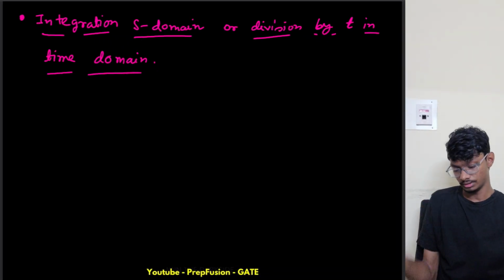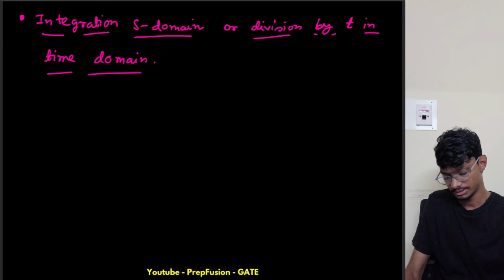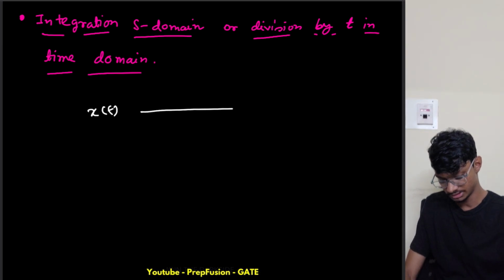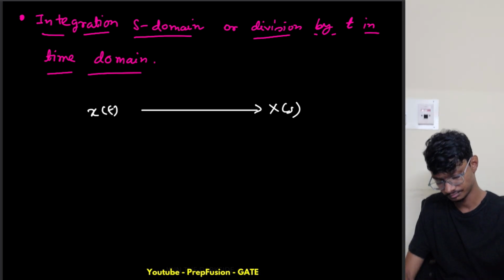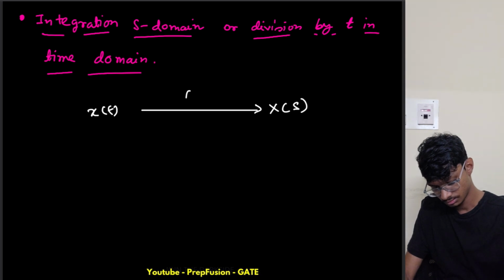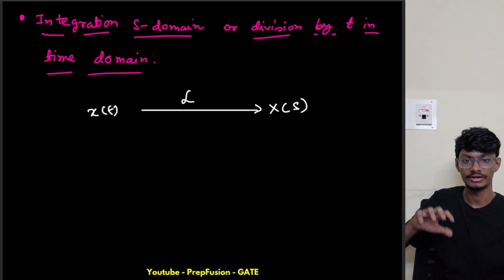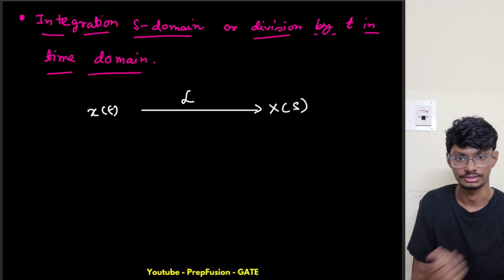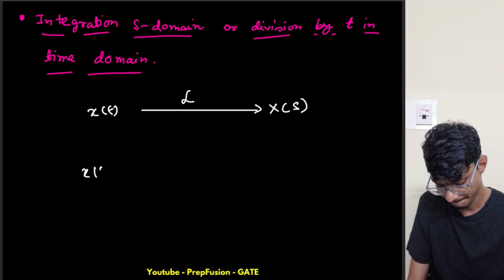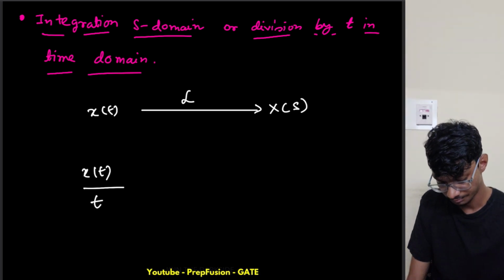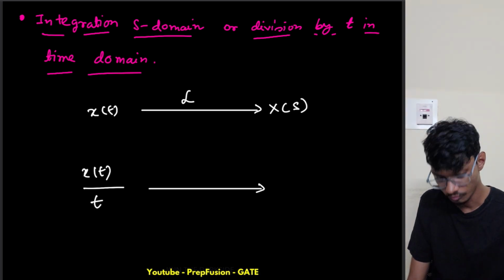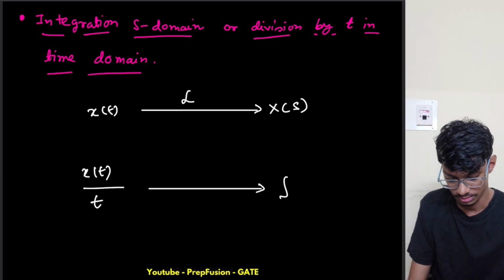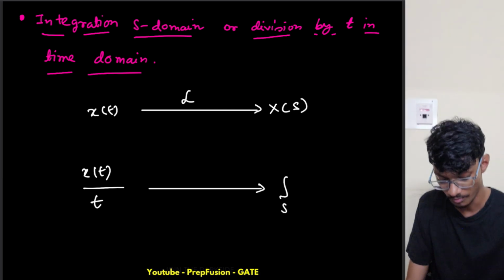Let's take this example: x of t has Laplace transform X of s. Just ignore the sound outside. Now if I divide this x of t by t, then what will happen to X of s? We will simply integrate it from s to infinity of X of s.